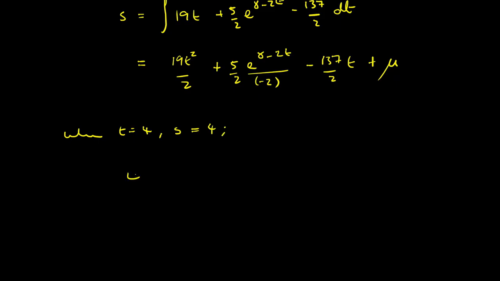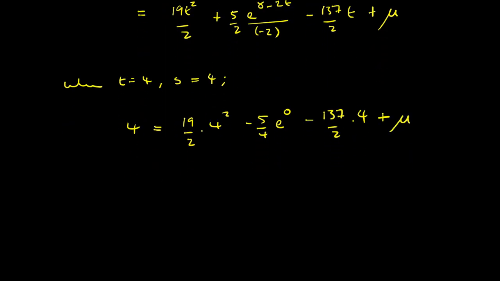Now we can just substitute this in. We have 4 is equal to 19 upon 2 times 4 squared, minus 5 upon 4 e to the power 0, minus 137 upon 2 times 4, plus mu.